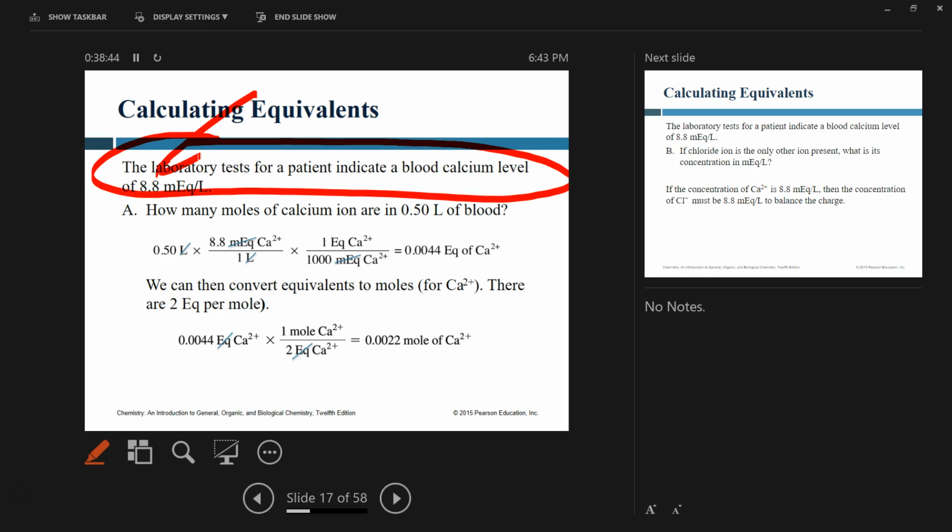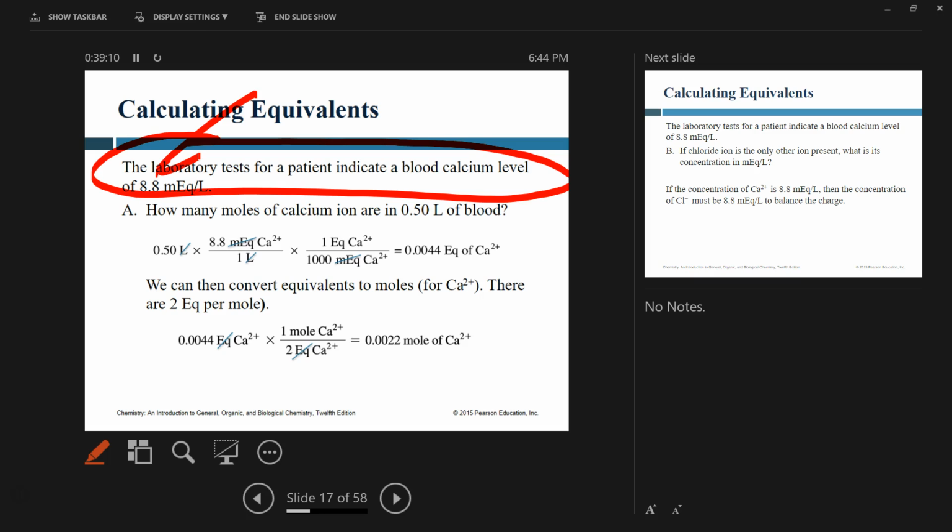So what it tells you is that patient's blood has 8.8 millimoles of positive charges that are coming from calcium, specifically calcium, in 1 liter. How can you calculate the concentration of calcium using this data?